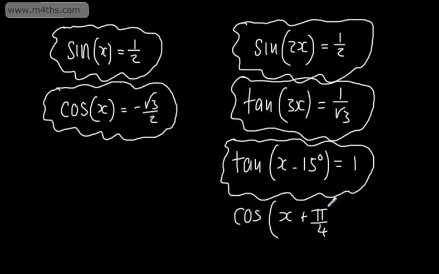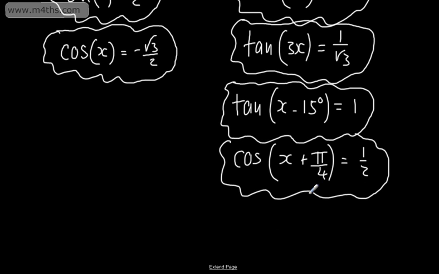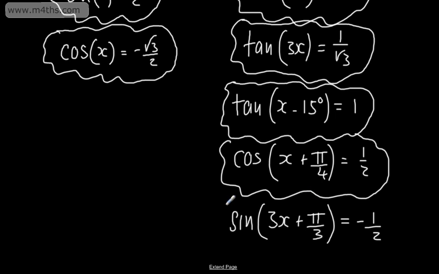So this time an angle in radians, and that might be set equal to, let's go for 1/2. So these are just arbitrary values I'm choosing for the right hand side. A more complicated equation might be sine of 3x plus pi by 3 is equal to negative 1/2. So this time we've got 3x plus pi by 3.